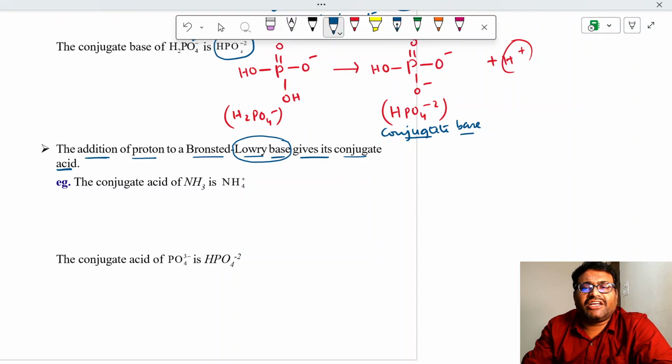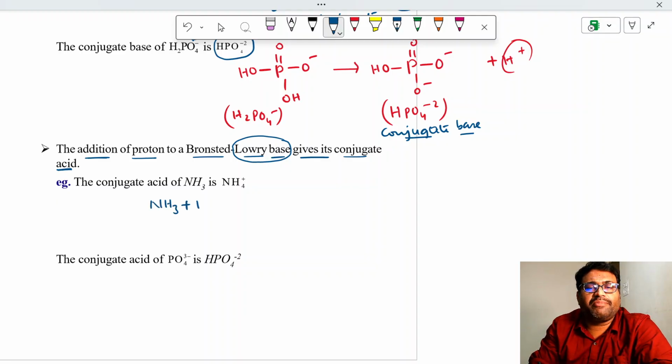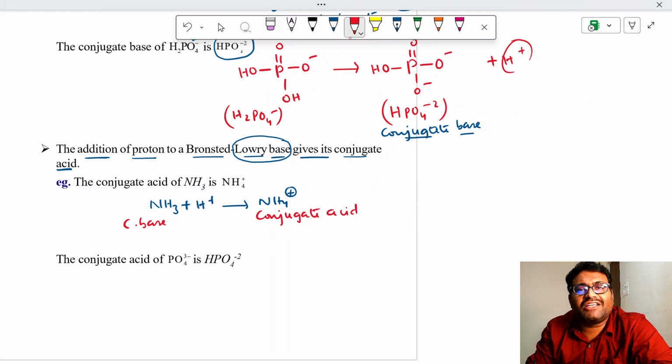So now let us take NH3. For NH3 I am adding one proton. What did you get? NH4 plus. Then this is called the conjugate acid, because you have added a proton. And NH3 and NH4 plus differ by a proton.